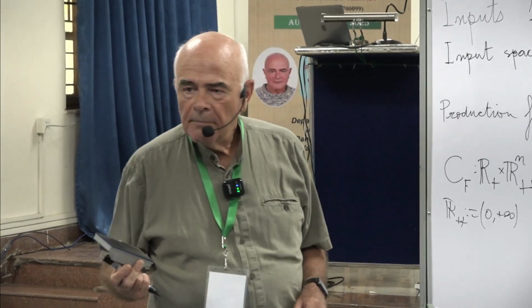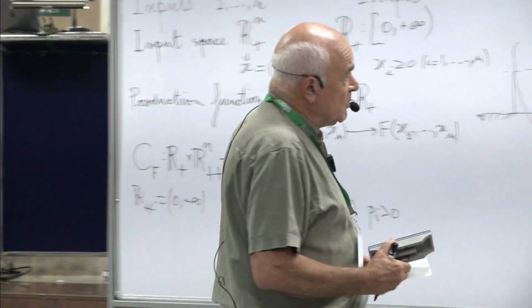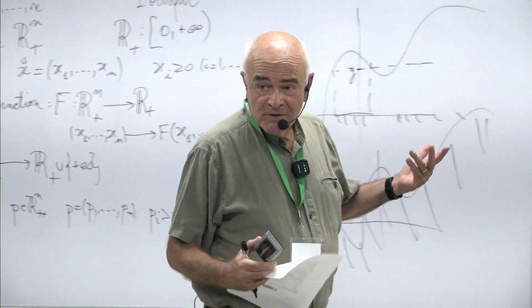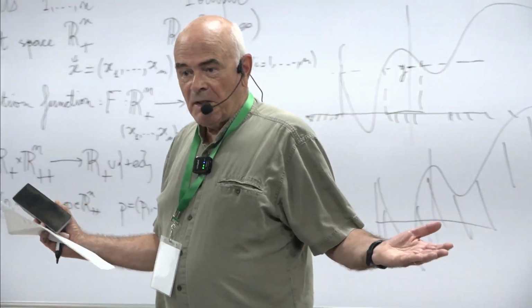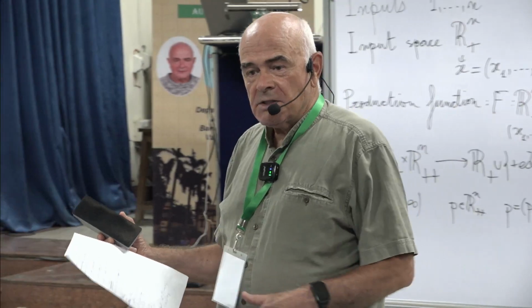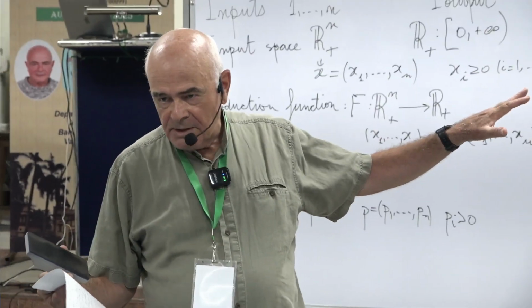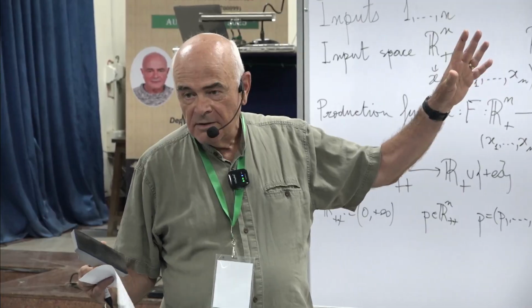Excuse me? Is there a restriction on y? No, in principle not. If y is negative or even 0, then this is the whole space, because f only takes non-negative values. You could redefine in our context the upper level sets with only non-negative y.